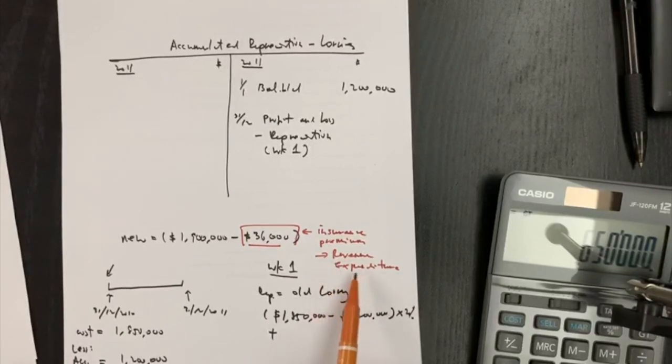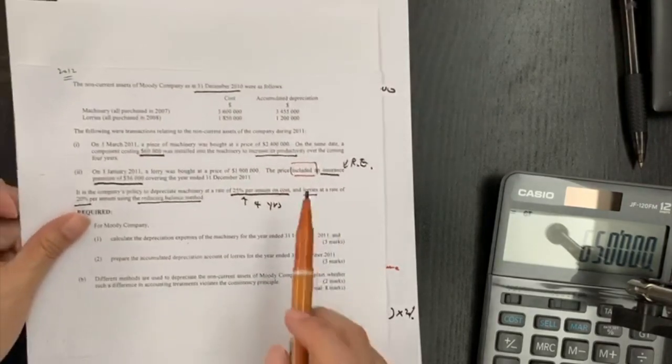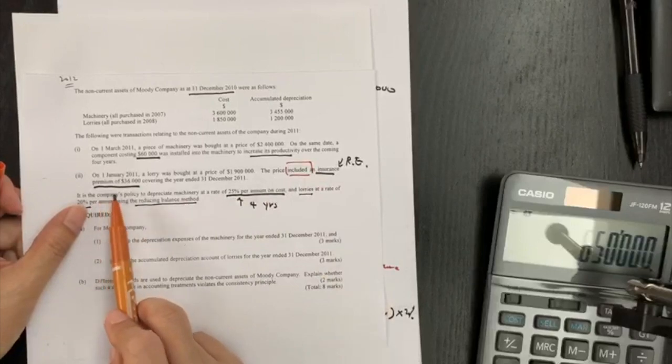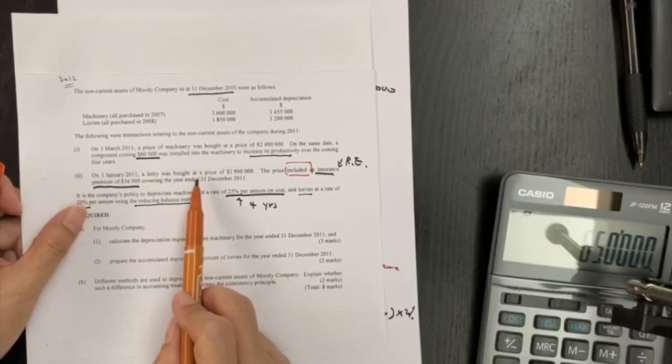If it is a revenue expenditure, it should be an expense in the profit and loss account instead of you capitalizing it. So what's wrong with that? Because of the word included. So included is wrong. We should not include any revenue expenditure as part of the costs of lorry.